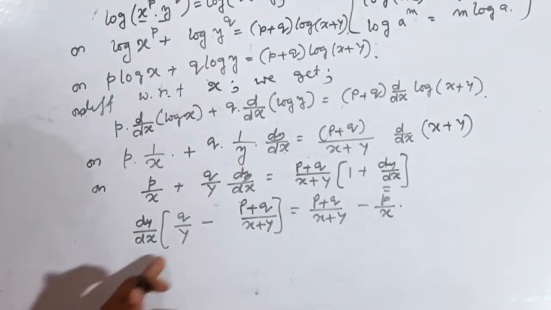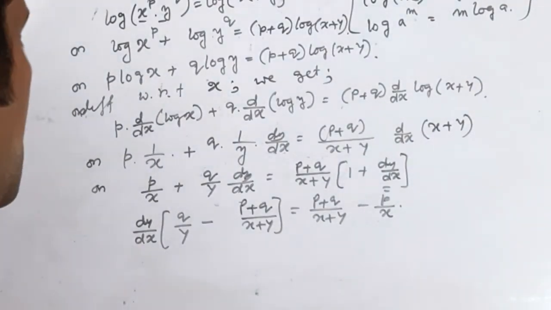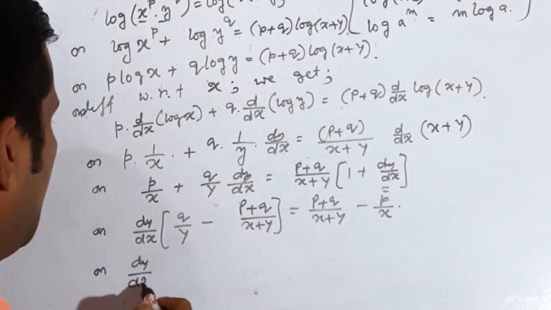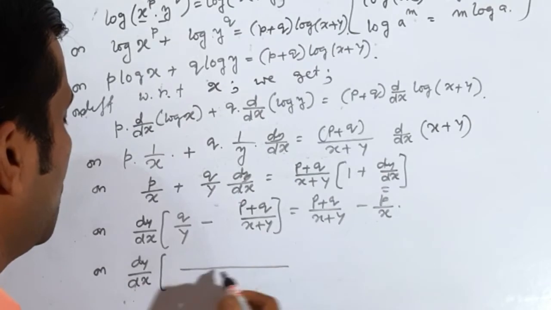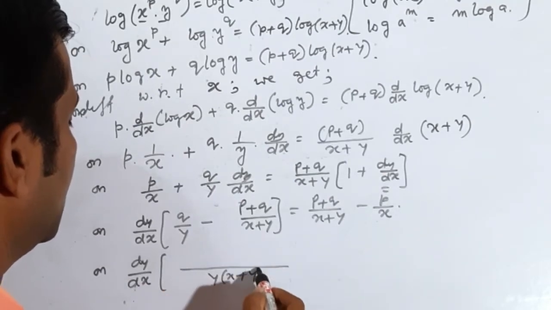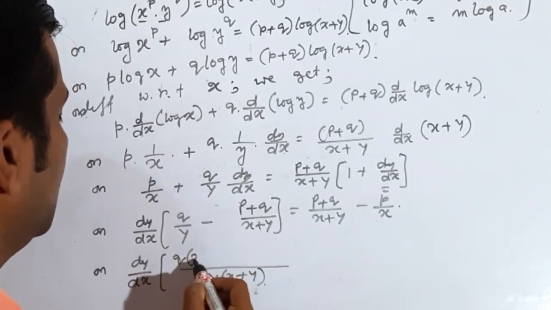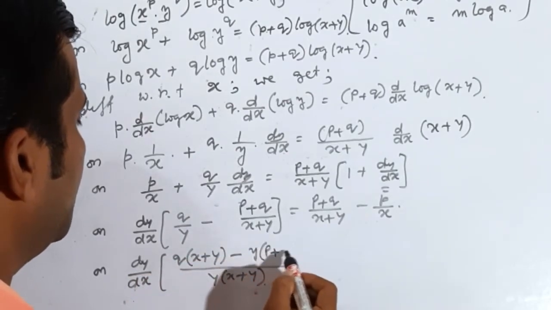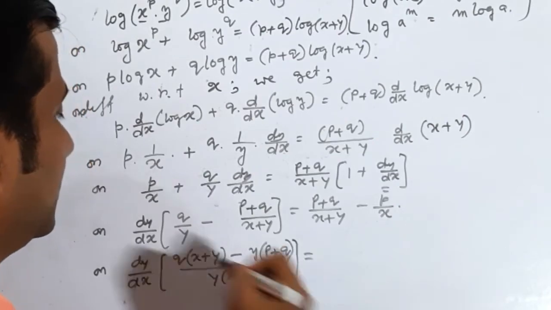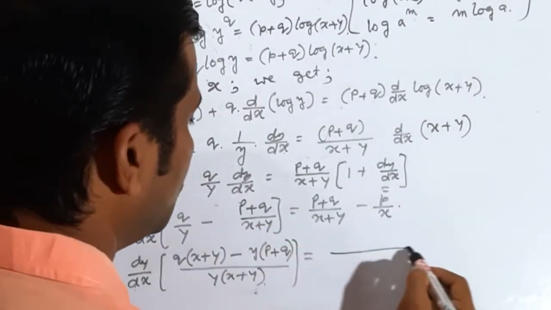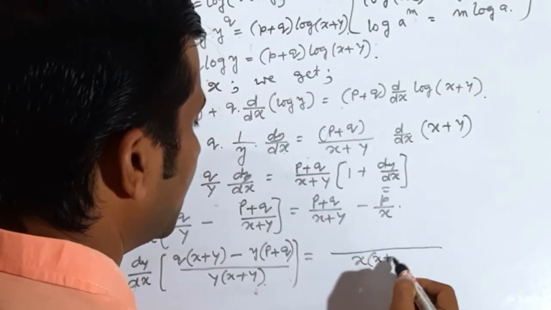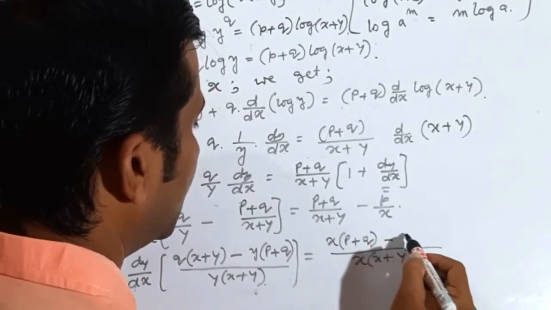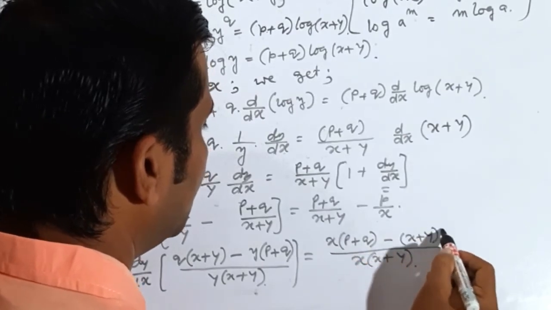Now taking LCM, we get dy/dx into (q(x+y) - y(p+q)) divided by y(x+y), equal to (x(p+q) - (x+y)p) divided by x(x+y).